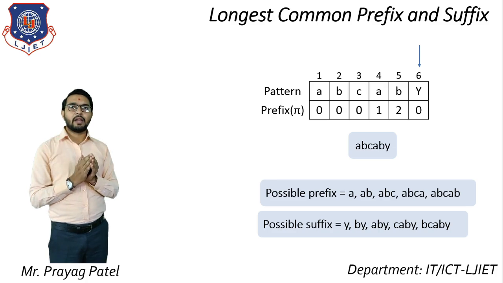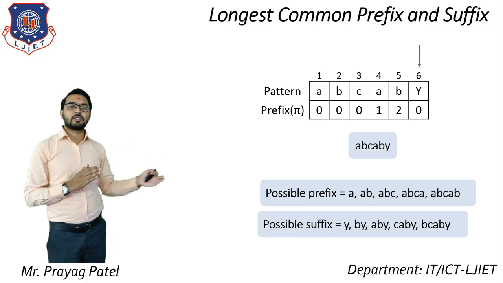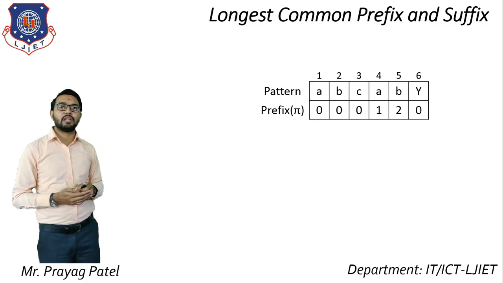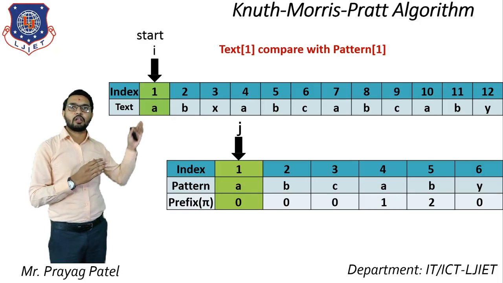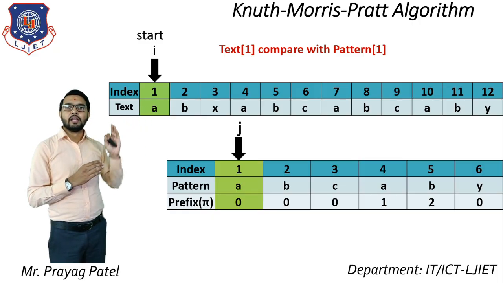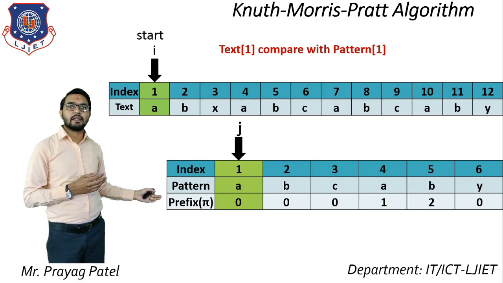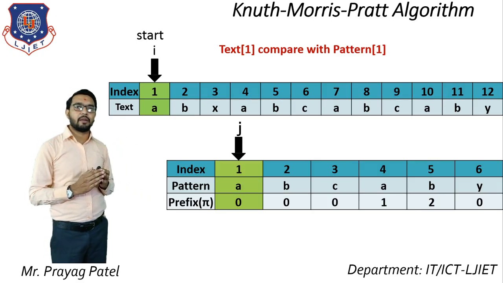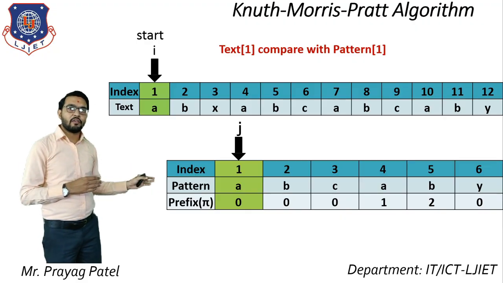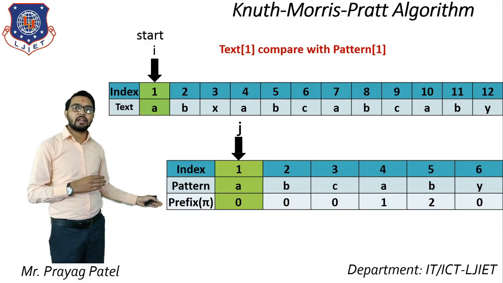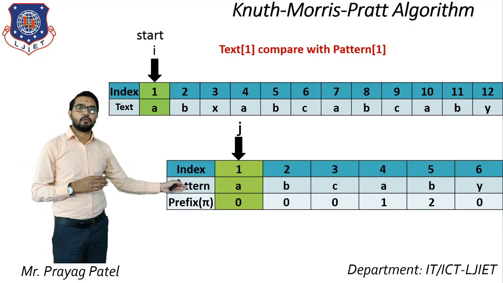Now after finding the pi table, your next step is to match your pattern with your text. So consider your text as ABXABCABY and your pattern as ABCABY. Now you have the values of pi in this second table: 0, 0, 0, 1, 2, 0.